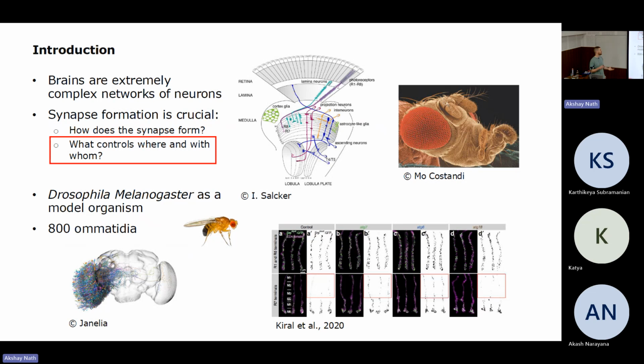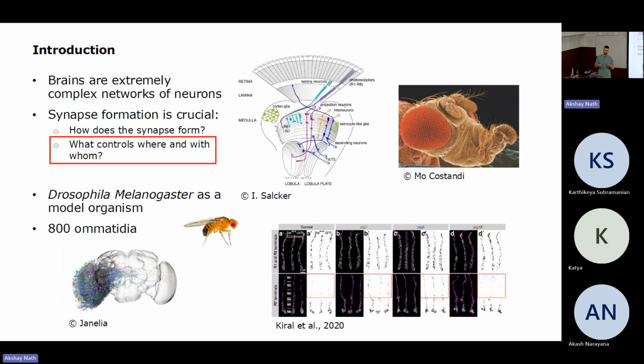Right. So first I want to give you a little bit of an introduction about what exactly we're doing. You're familiar with brains. Brains are extremely complicated networks of neurons that are getting understood, but are still far from being well understood. For example, a typical human brain has 86 billion neurons and let's say 3,000 to 5,000 different neuron types.